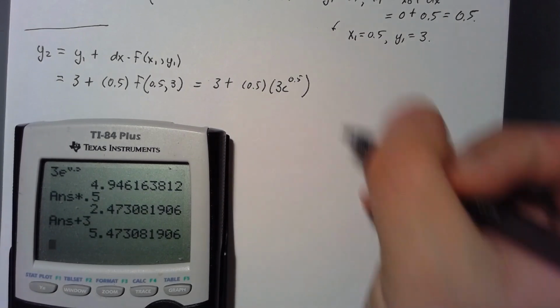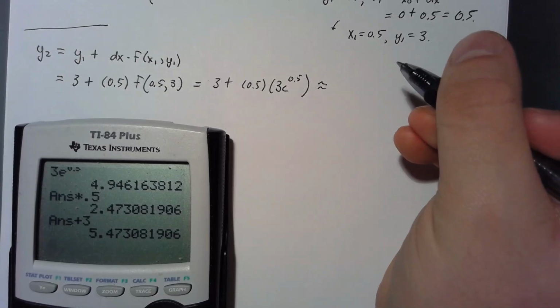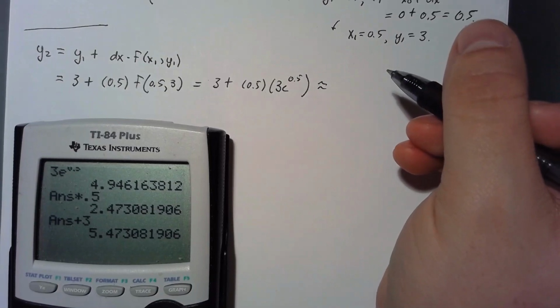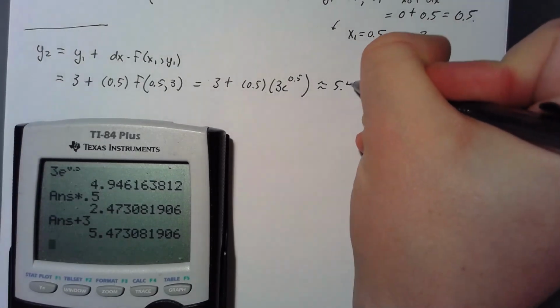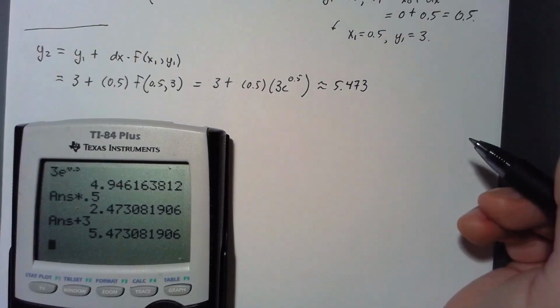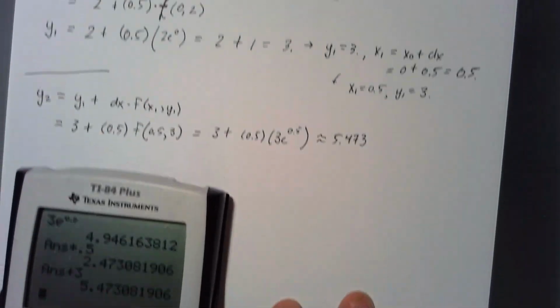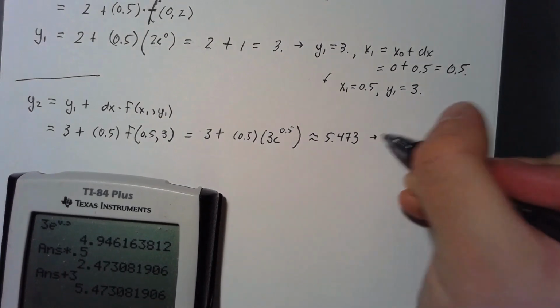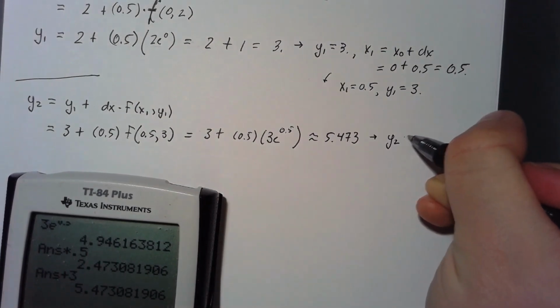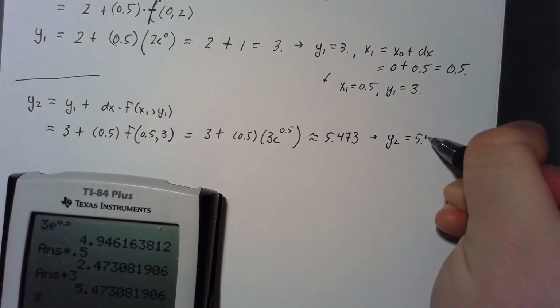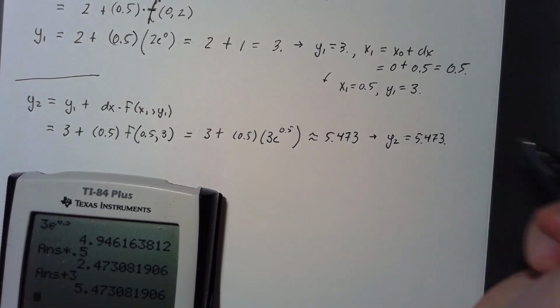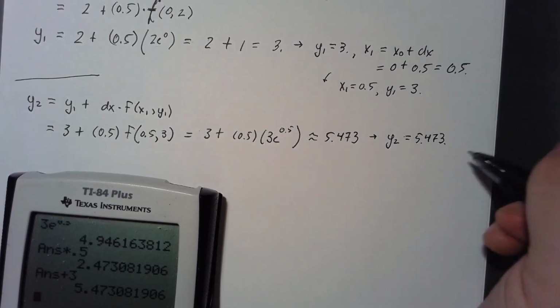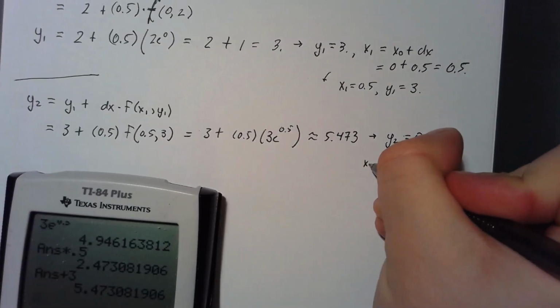So when you go through that, you're going to get approximately 5.473 as y sub 2. So that means y sub 2 is 5.473. And what's x of 2 going to be?